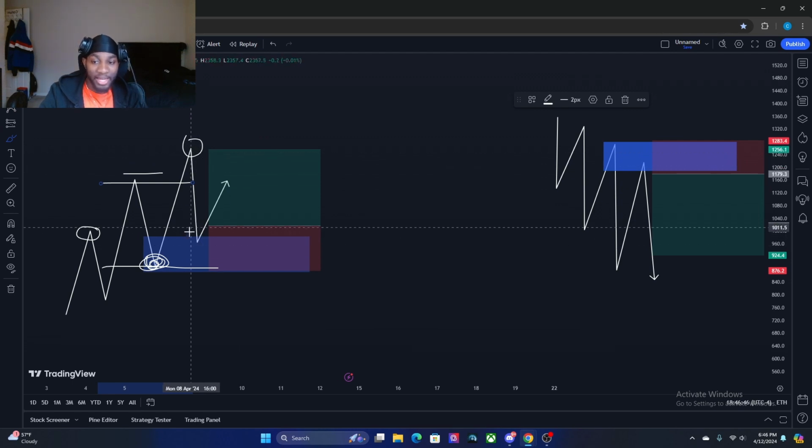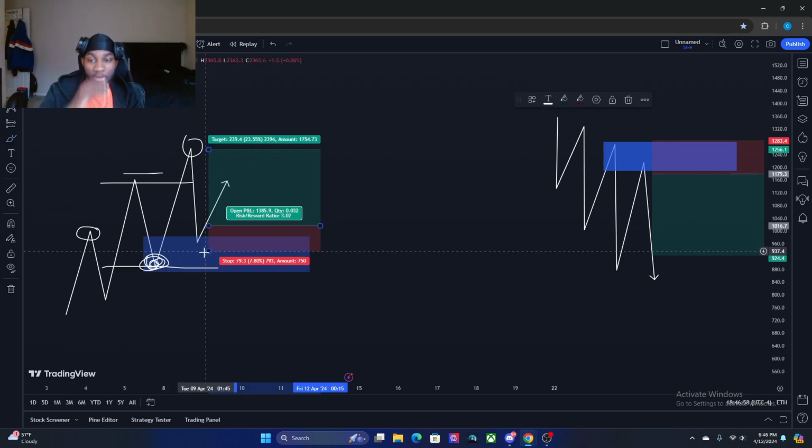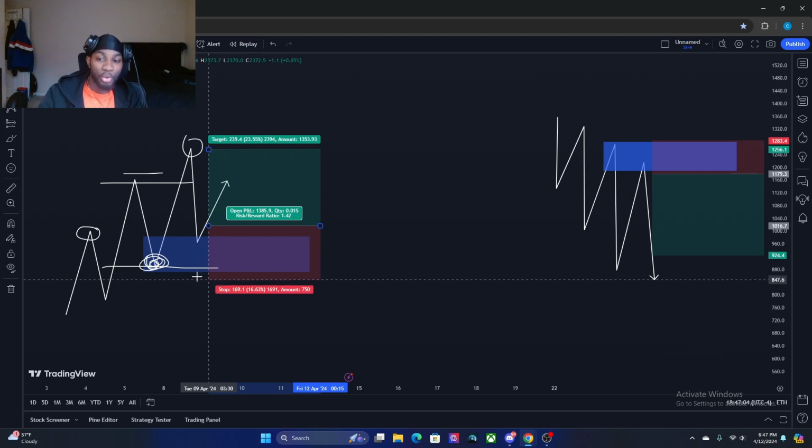We pulled back into the zone, and this was our most recent low. But now we're assuming that this is going to be the new low, so you can put your stop loss underneath here. If you want to be safer, you know this was the last low for a fact, so you can put your stop loss underneath there, and that is a safer stop loss.